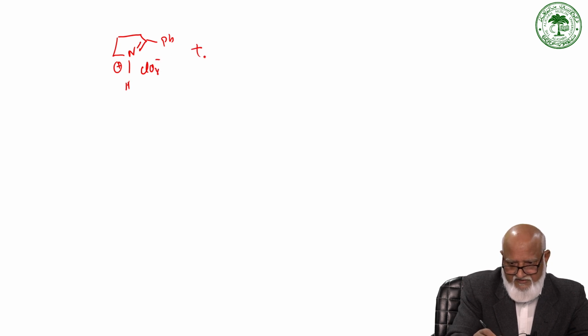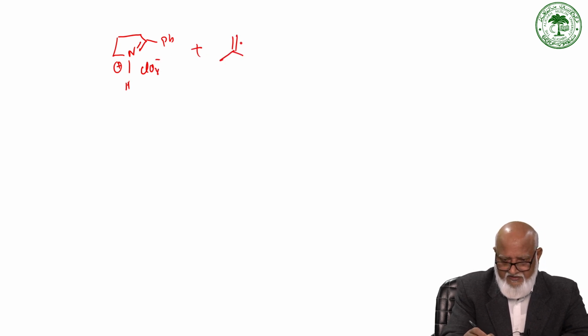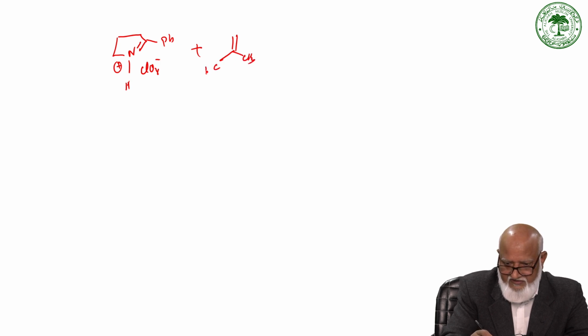So if we have a system like this, you have a phenyl group here, this is H with the positive charge, ClO4 minus, plus this being the alkene, the electron donor, with CH3.